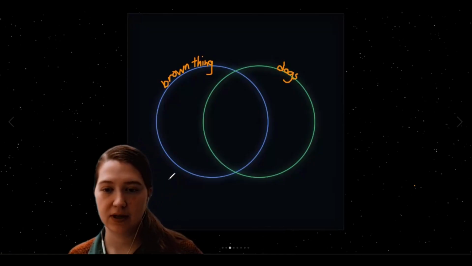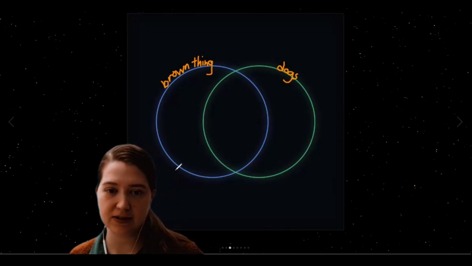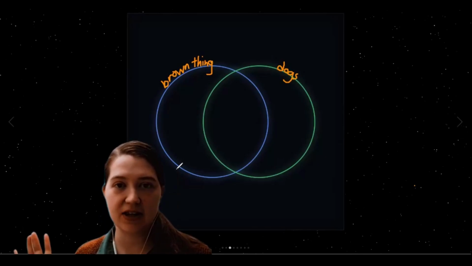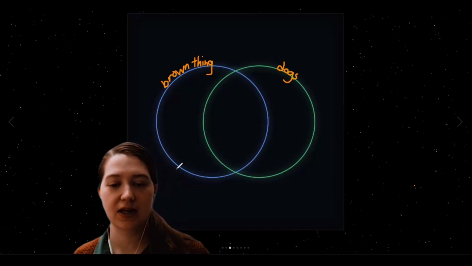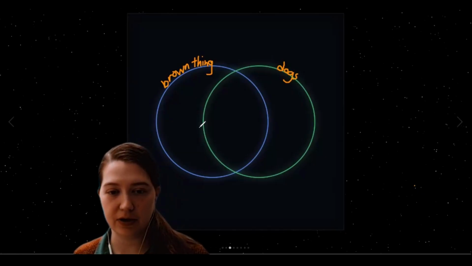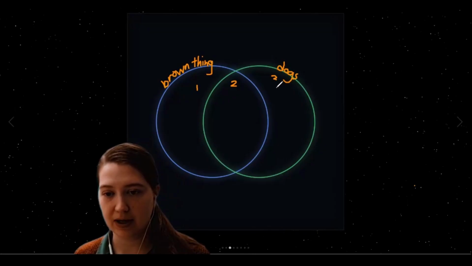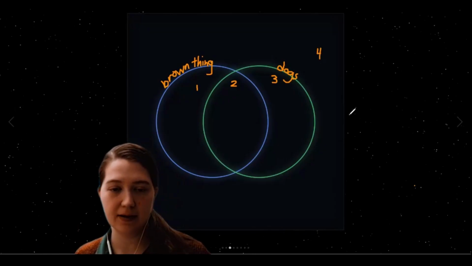So now I have, instead of on the previous example, where everything in the universe belonged either within the set of dogs or outside the set of dogs, 4 different locations an object I encounter might belong in my category space in my head.